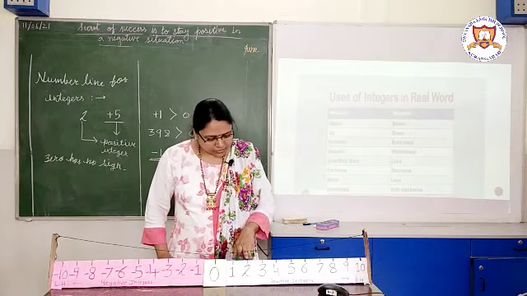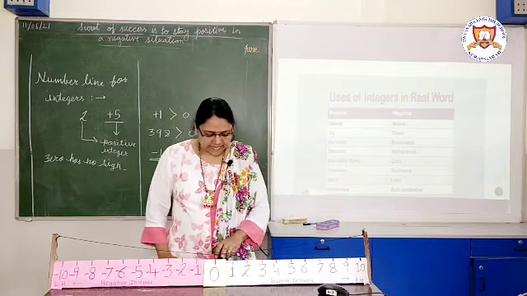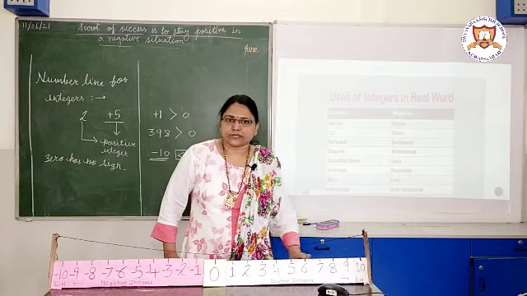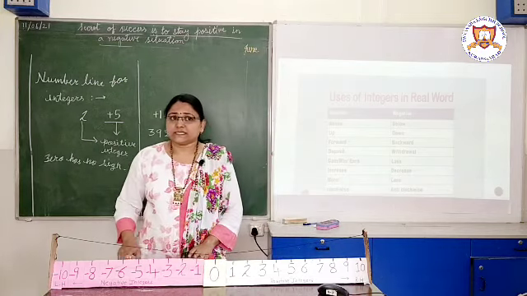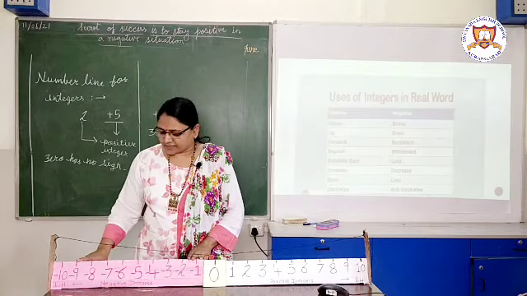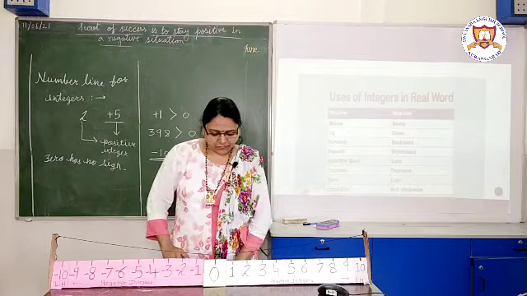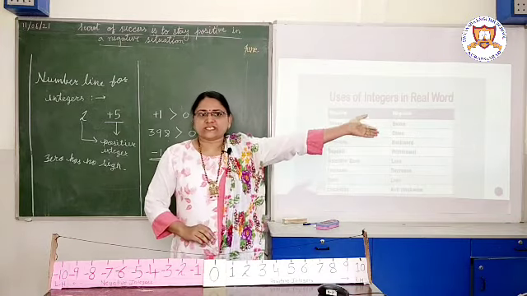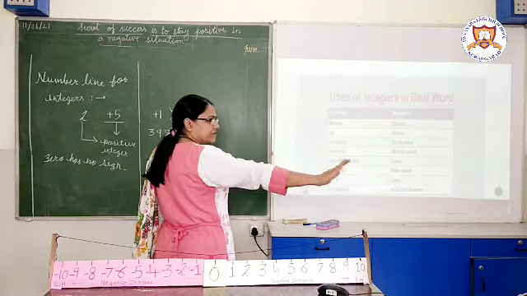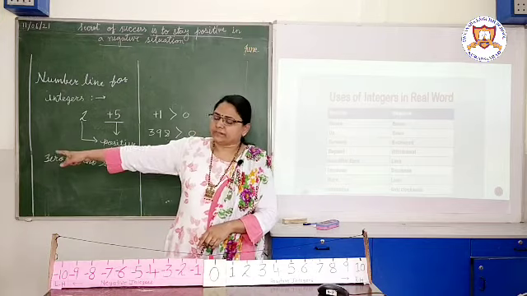Now see the order of numbers. 1, 2, 3 is an ascending order. On the right side of 0, the numbers are arranged in ascending order. Now let us see whether this order is ascending or descending. This is 0, this is your right hand side of the number line, and your left hand side is the left side of the number line.